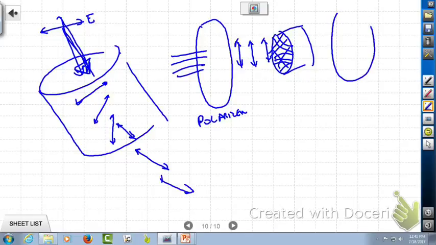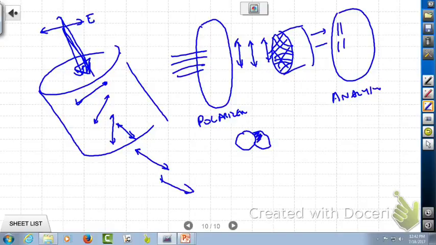And so now you got light coming out, which has been messed with, and now you have the analyzer. And when the light that comes out is aligned with the analyzer, you get brightness. And when the light that comes out is 90 degrees to the analyzer, you get total darkness.